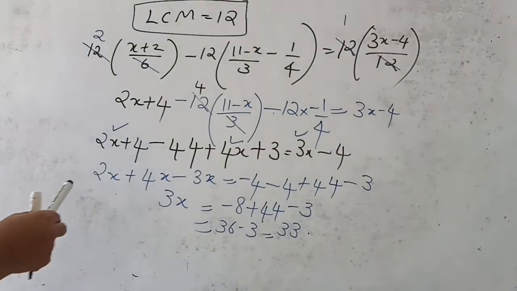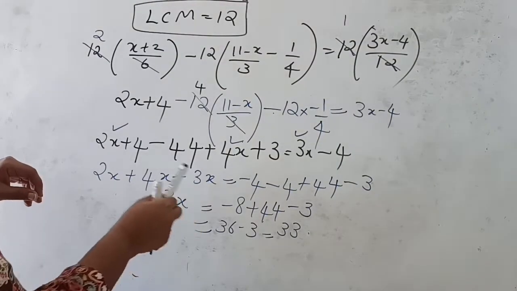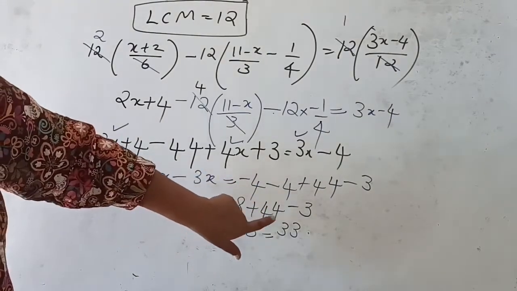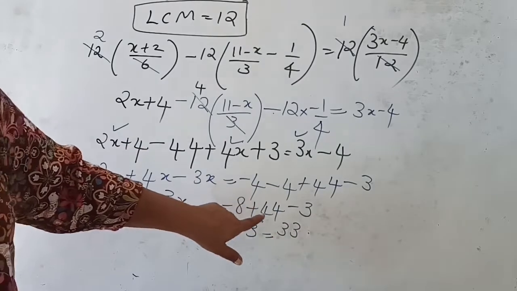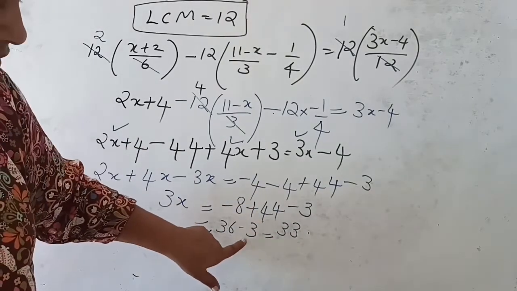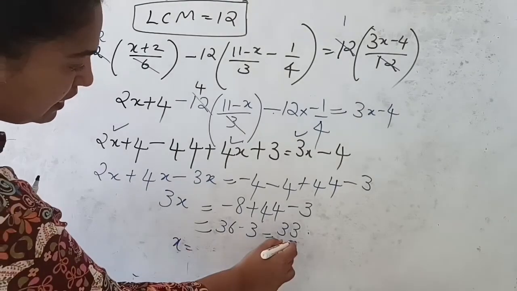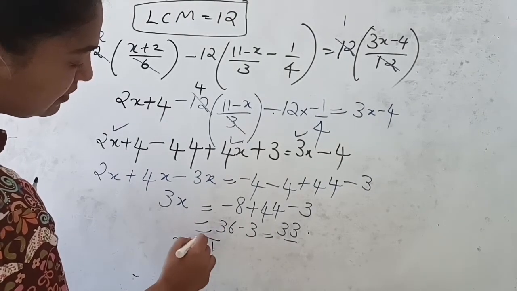So now you have 2x plus 4x minus 3x, which is a 3x. Minus 4 is a minus 8 plus 44 minus 3. Minus 8 plus 44 gives me a 36. Minus 3 will give me a 33. So what is the value of x? The value of x is 33 by 3, which is an 11.